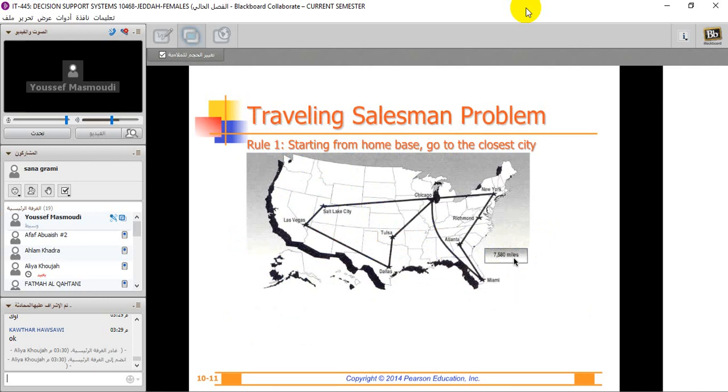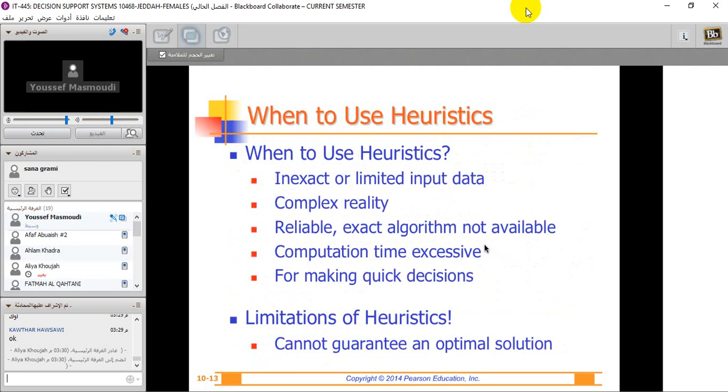Maybe it is the optimal one, but you don't have the guarantee. You can't say that this is the optimal solution unless you try to calculate all possible routes and choose the shortest. If you did not perform this process, it is not possible to assert that this is the optimal solution. So this is a good enough solution and maybe it's the optimal solution. So the limitation of heuristics is that they cannot guarantee an optimal solution.